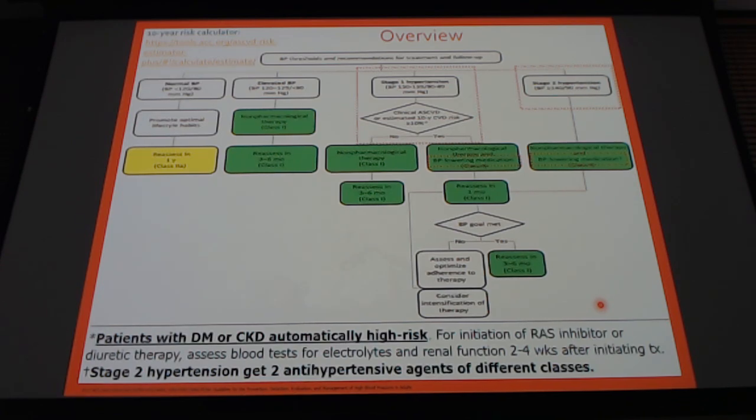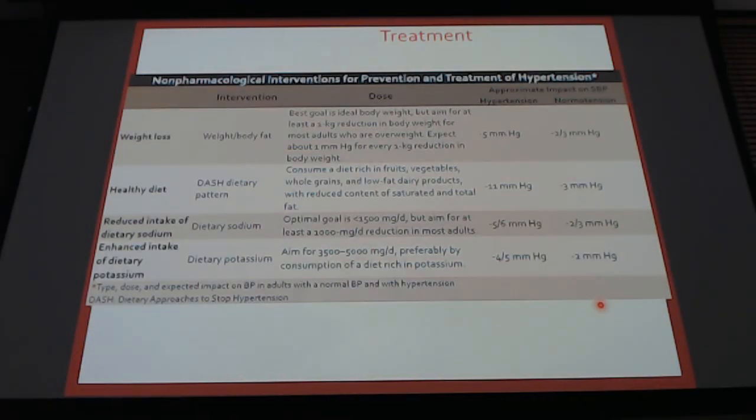We talked about the guidelines being updated to where typically they're not gonna look at this, they're just gonna treat aggressively and say I need you on some meds, all right? But for our testing purposes, we are saying, hey, stage 1, if their ASCVD risk score is less than 10, we can do those lifestyle modifications, okay? We already went over this chart, I think we're good on this chart.